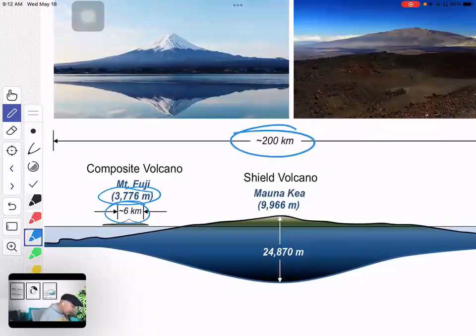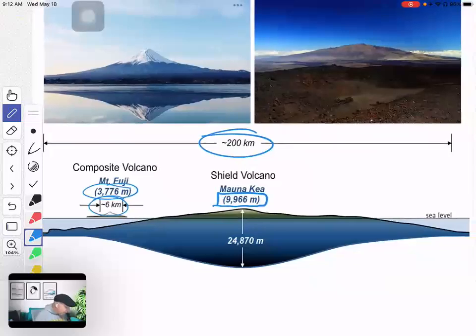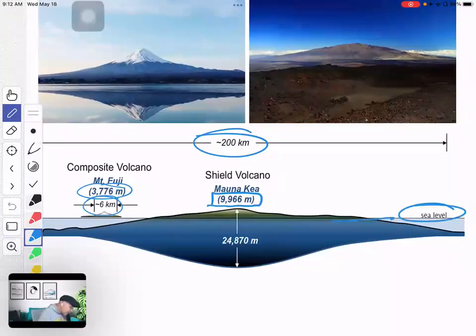Mauna Kea is 200 kilometers in width, which is much larger than Mount Fuji, and also in height above sea level it is almost 3 times as tall as Mount Fuji. And that's only if you consider sea level. Just above sea level, Mauna Kea is about 3 times bigger than Mount Fuji.